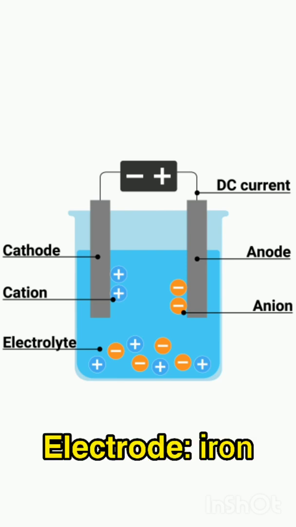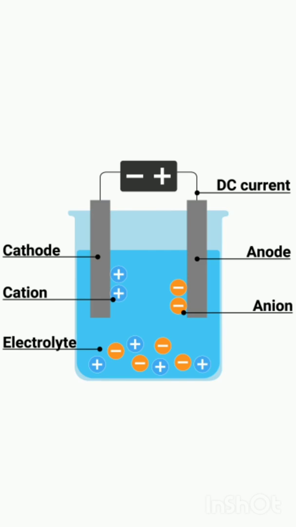The electrode used is a graphite rod. That means the cathode is made of graphite and the anode is also made of graphite.